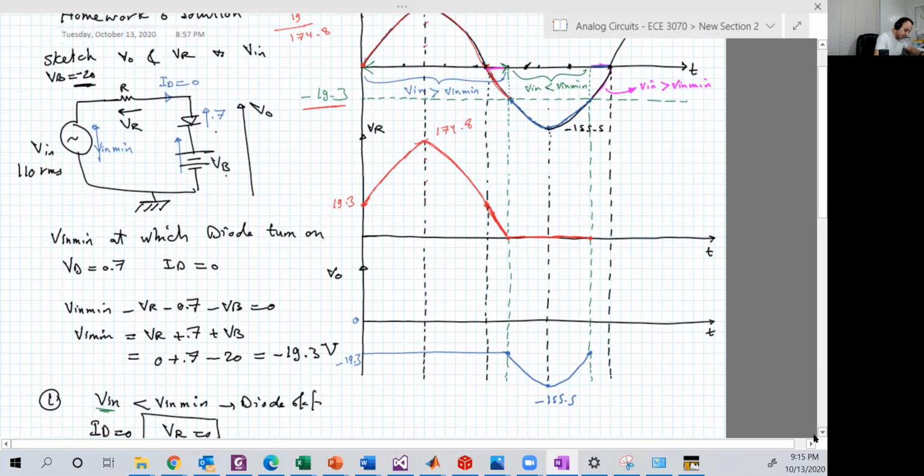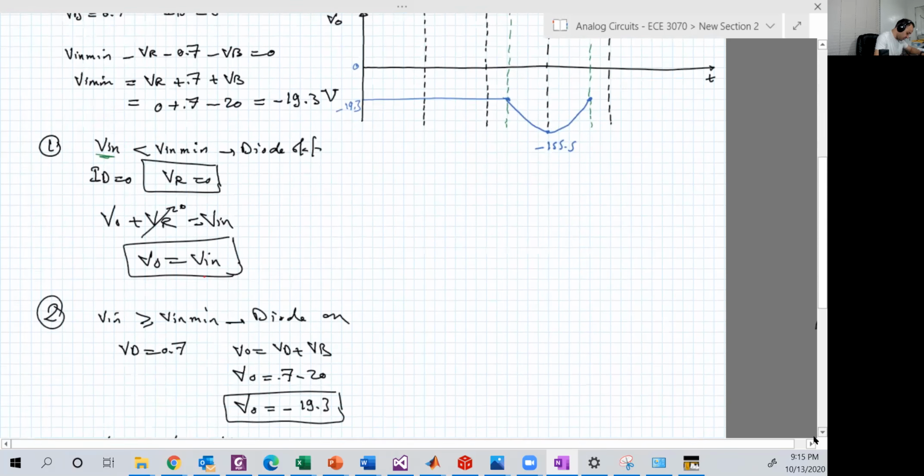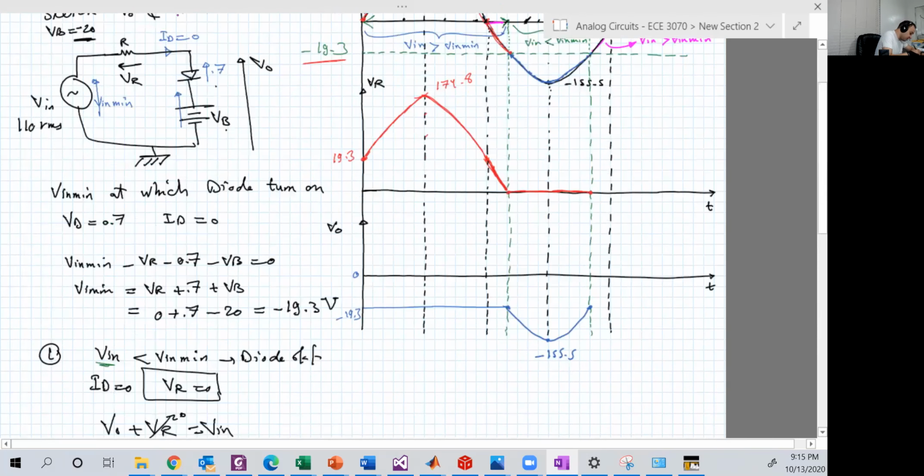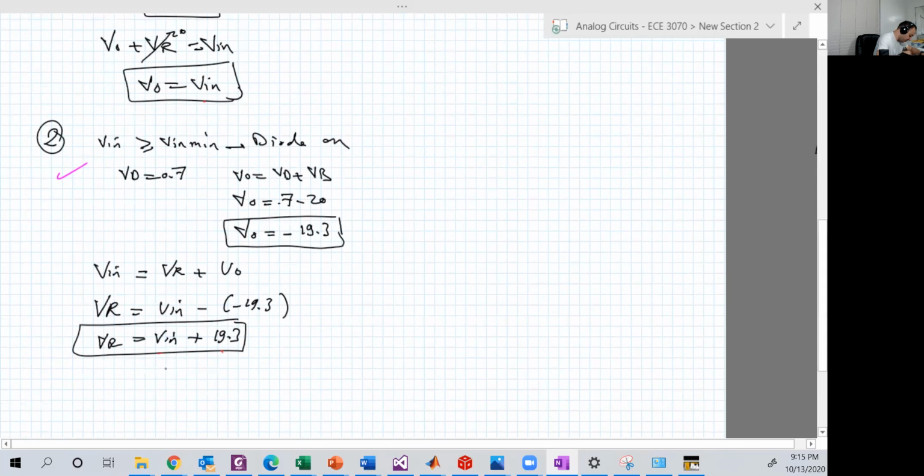If so, we will be here. So VO is equal to constant minus 19.3. Good. So let's go back to that. So minus 19.3. And VR is equal to V input plus 19.3.